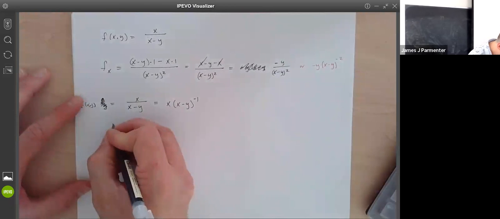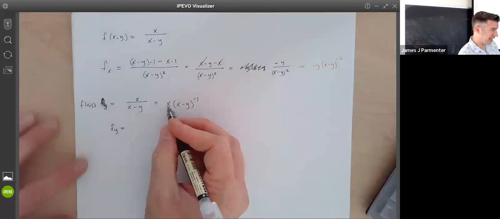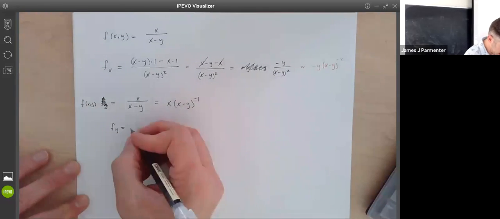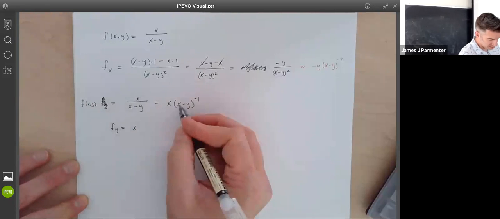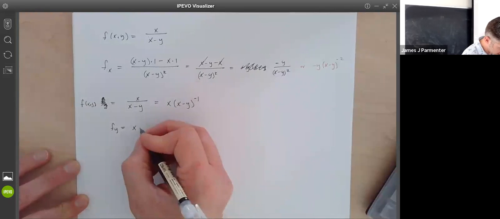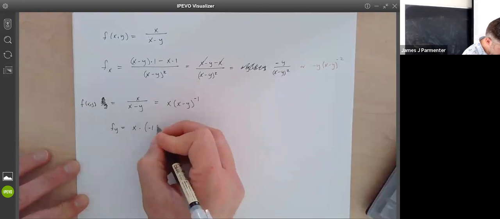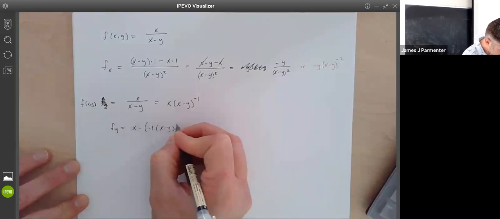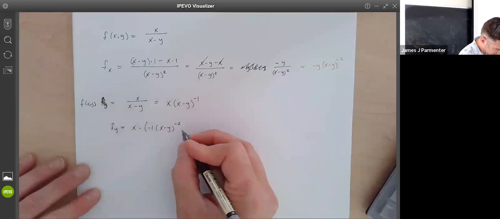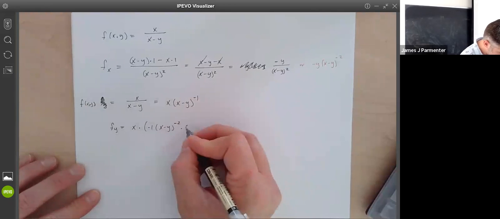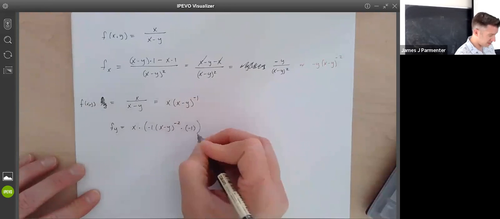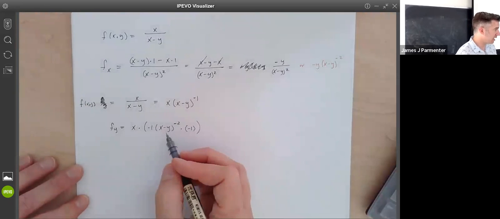So my partial with respect to y is going to be that x is a constant multiple, it just hangs out. The derivative of some stuff to the negative first is negative 1 times my stuff to the negative second times the derivative of the inside, which is negative 1. Right? The derivative of x is 0, derivative of negative y is negative 1.